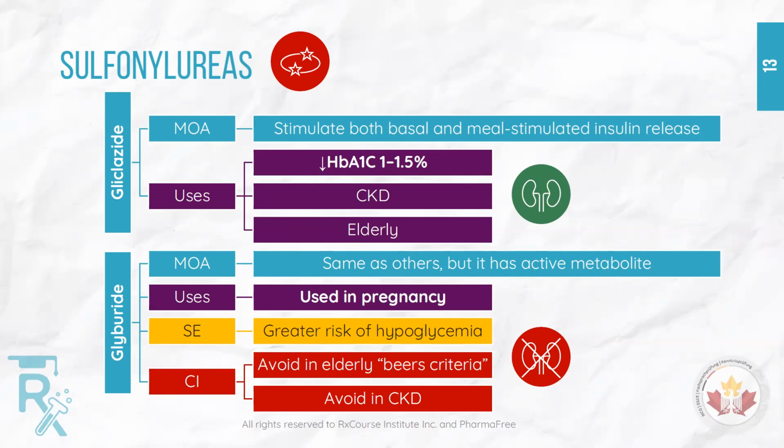The good thing about glipizide, which is weird, is that it can be used in pregnancy. So what I say is just that gliclazide can be used in chronic kidney disease, but glipizide is contraindicated in chronic kidney disease.